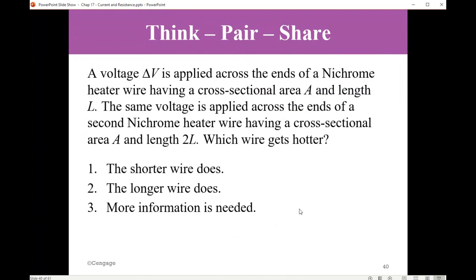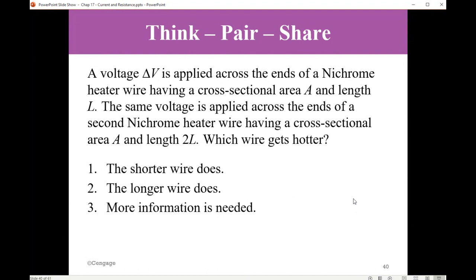A voltage delta V is applied across the ends of a nichrome heater wire having a cross-sectional area A and length L. The same voltage is applied across the ends of a second nichrome heater wire having a cross-sectional area A and length 2L. Which wire gets hotter?